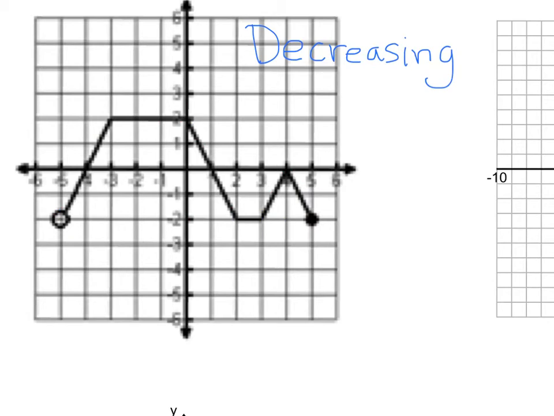So again, from the left side to the right side, same as you do with domain. So from 0 to 2, do not include the endpoints, so parentheses. And then again from 4 to 5. Don't include the endpoints, so parentheses.